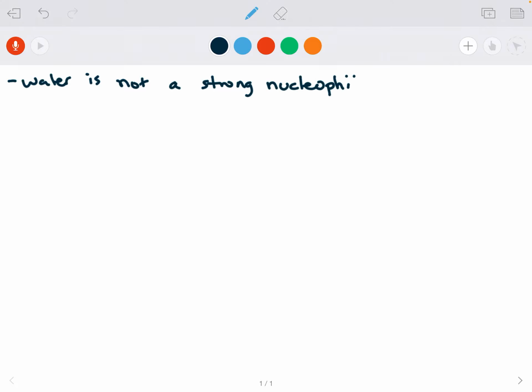So that's going to mean two things. One, hydration of a ketone is not favored.